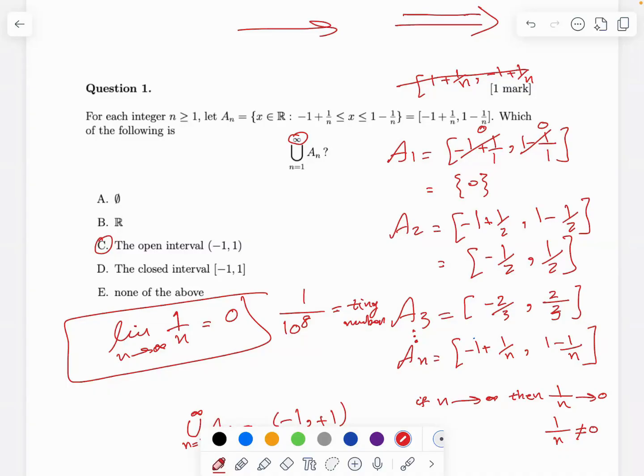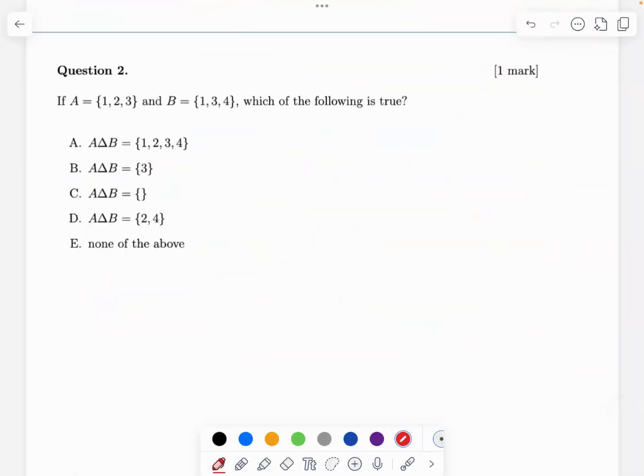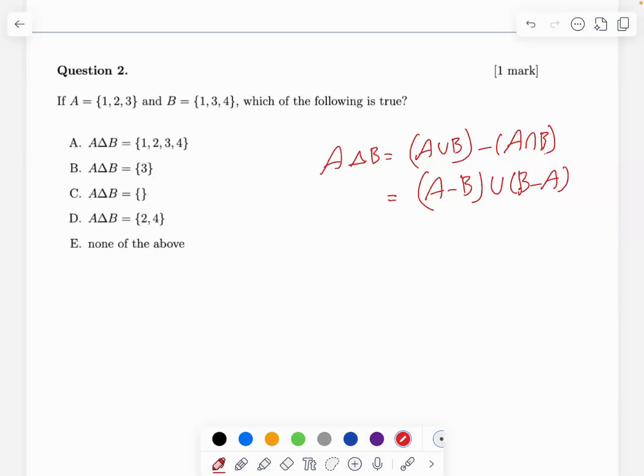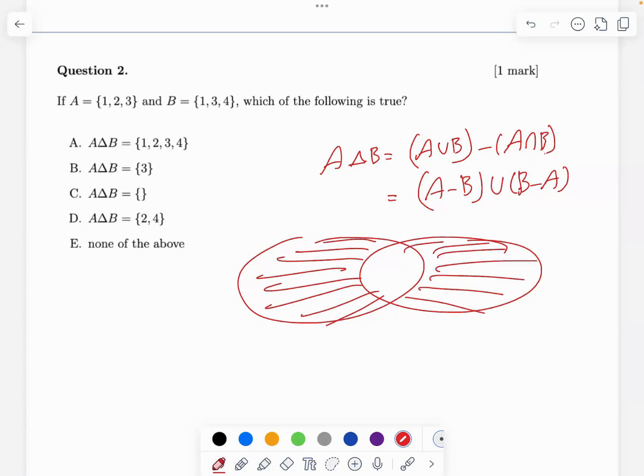Next question. So this was a multiple choice question like last year. Easy question. A symmetric difference with B is A union with B minus A intersection with B. Equivalently, A minus B union B minus A. So with a Venn diagram, the answer is this one.